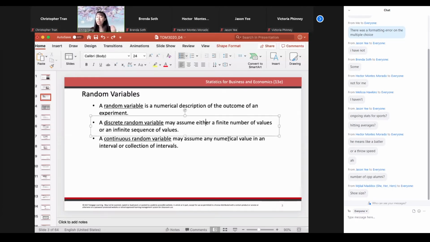But yes, the number of CPP alarms, that is a discrete random variable, because we're counting people, right? We're counting 50,000 people or 4,538 people. Yes, it has to be a whole number. There's a gap between the whole numbers. So number of alarms, shoe size. We have to go like 5, 5.5, 6, 6.5.